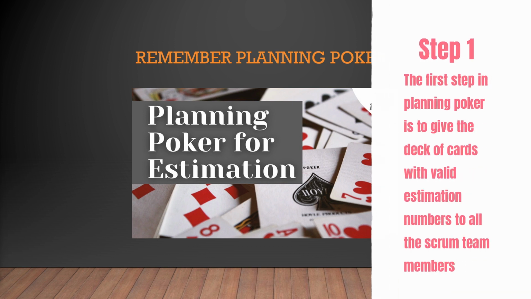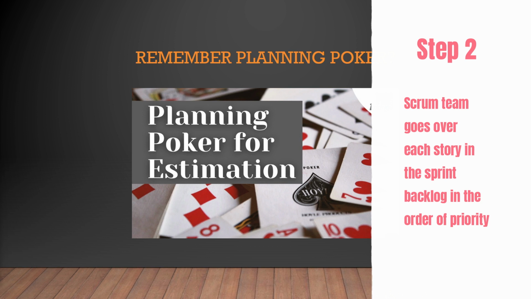The first step is basically to give a deck of cards with valid estimation numbers to all the team members. The second step is that Scrum team goes over each story in the sprint backlog in order of the priority. Now remember, what's happening here is essentially the Scrum team members are sitting in the same room.